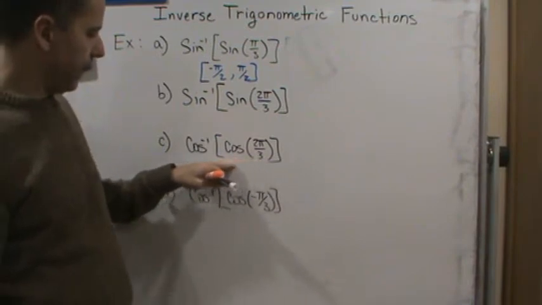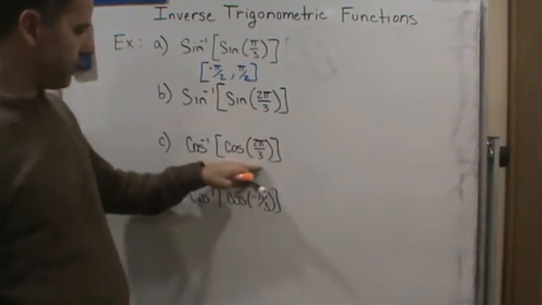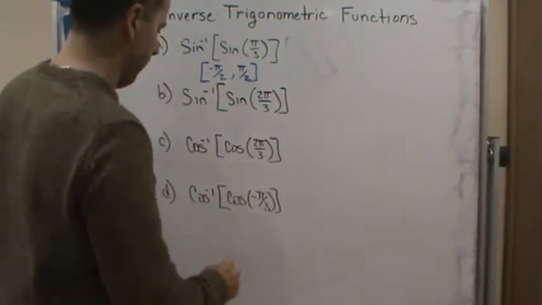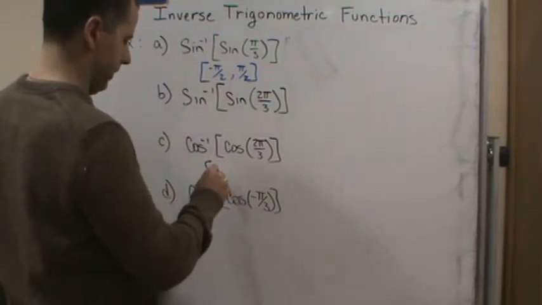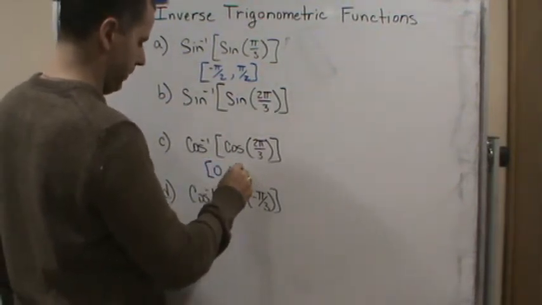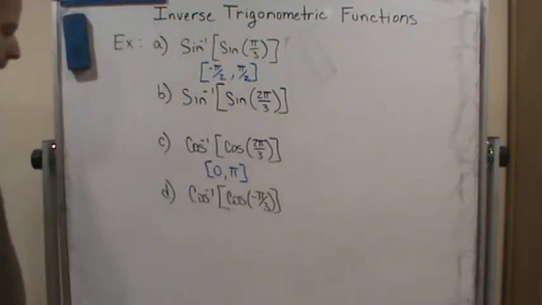And so again, the domain that's controlling this is going to be zero to pi.